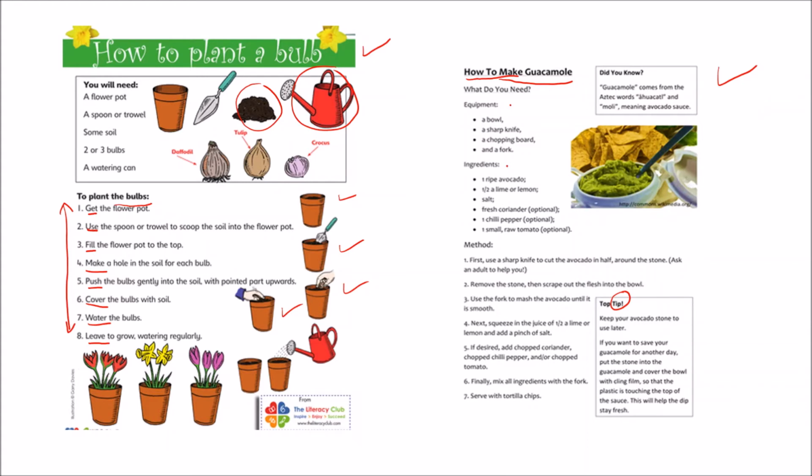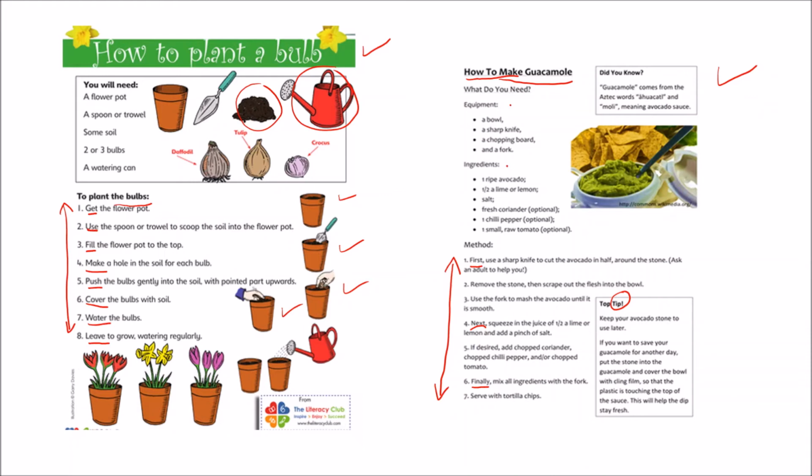Right, let's look at the method. Again, it's in order from step 1 to step 7. They've used connecting words such as first, next, finally, right? It puts these steps in chronological order. First, use a sharp knife.